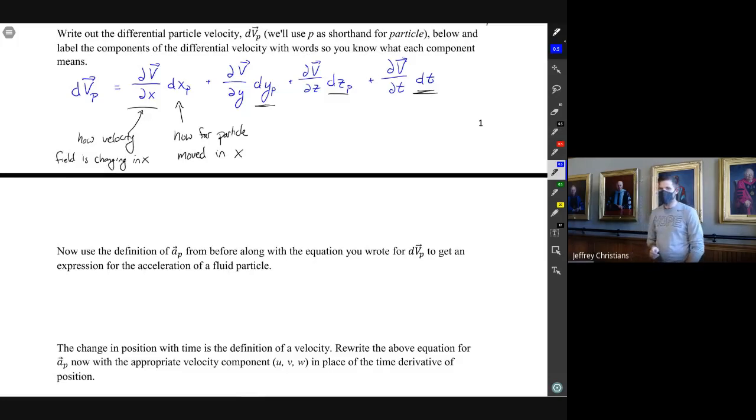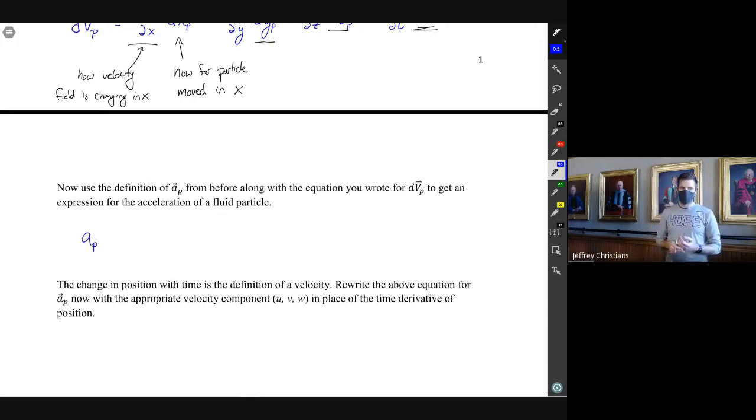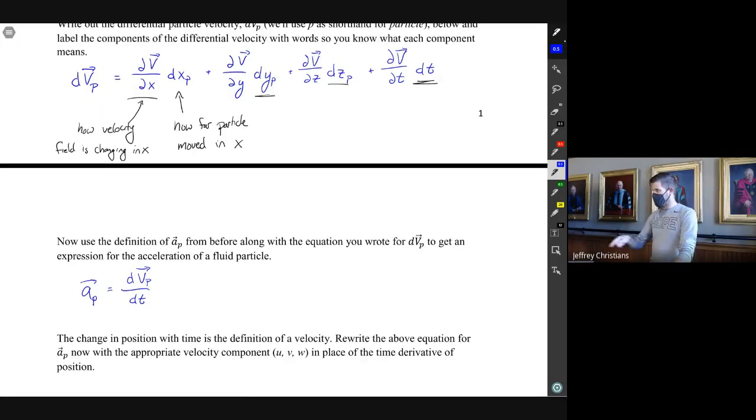If we want to look at acceleration, acceleration is just change in velocity with time. So the acceleration of our particle, I'm putting a subscript p instead of writing particle because it's shorter, is equal to the time derivative of this, dv particle dt. So all I'm going to do is take this equation above and differentiate it with respect to time, putting a dt on the bottom of each one of those terms.